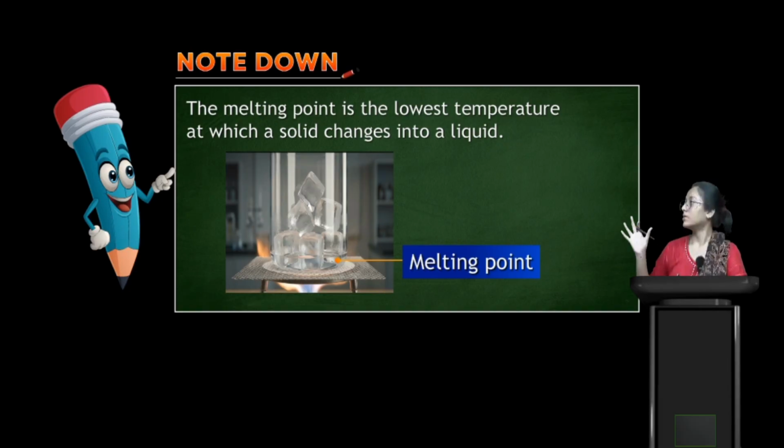Like we can see in the case of ice, whenever we heat the ice, it melted and became water, which is a liquid substance. So here we observe the change from solid substance to liquid substance. Clear, everyone?